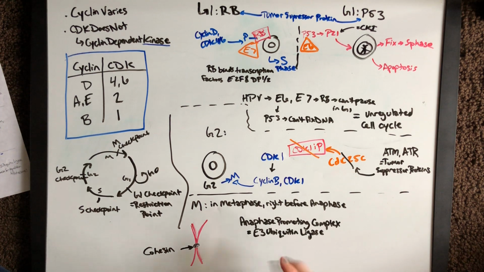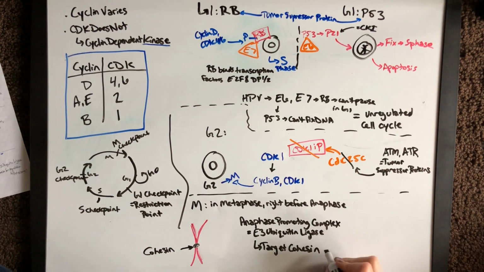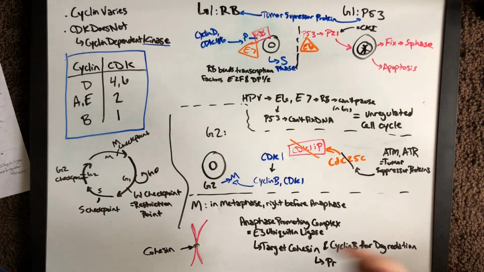So we're going to target the cohesin, which was here. And we're also going to target this cyclin B because we don't need it anymore because we're done with this checkpoint. We want to move into anaphase. So we're targeting cohesin and cyclin B for degradation. Think proteasome. Remember, it's a little tube where the protein goes in one end and then it gets chopped up and spit out the other end.